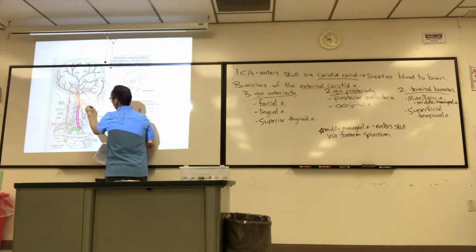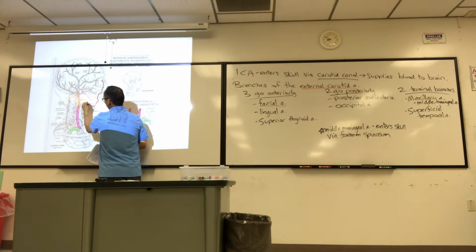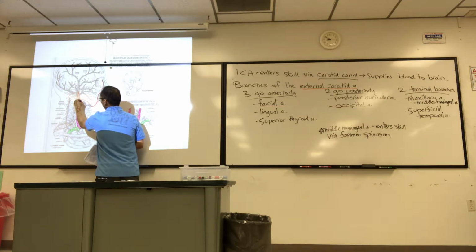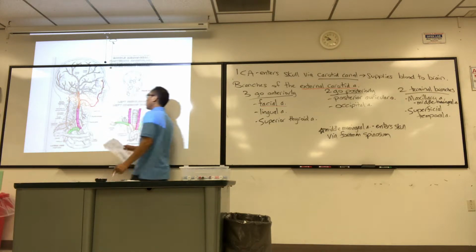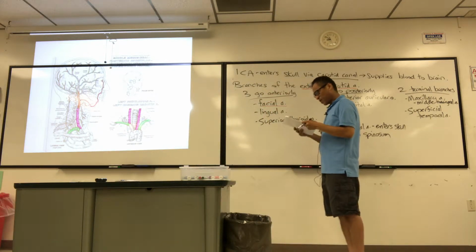Now usually on the test, I'll try to tag it right by the jawbone. And where it goes dotted is where it's deep to the jaw. Okay, but that's the facial artery.